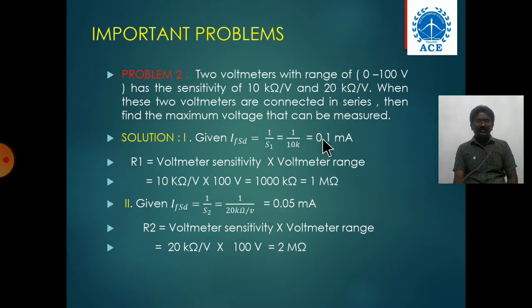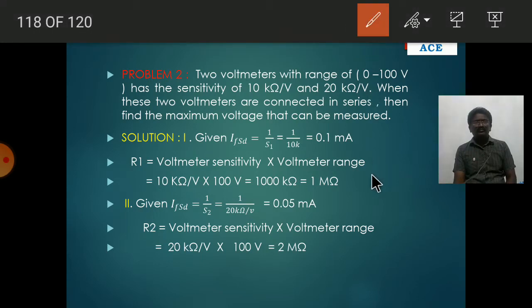So that means you can draw our required circuit diagram, a combination of 2 meters connected in series. So like this. Now we are providing some voltage to the meters, V maximum.